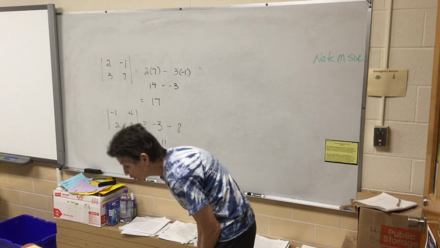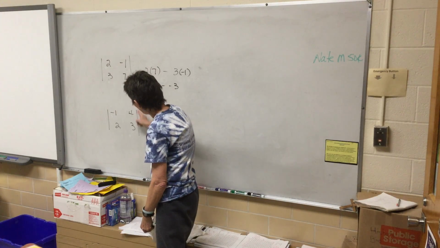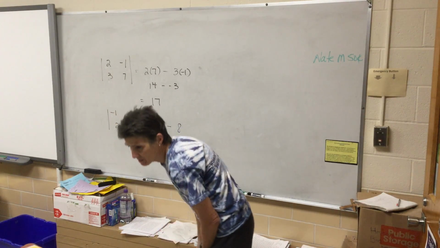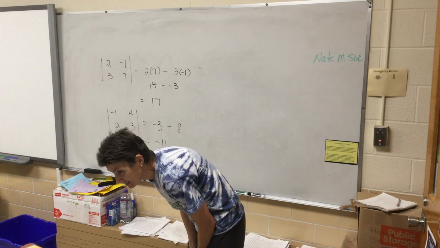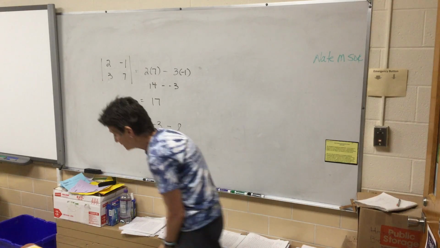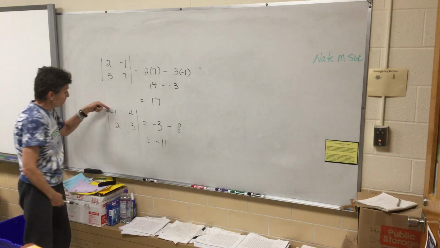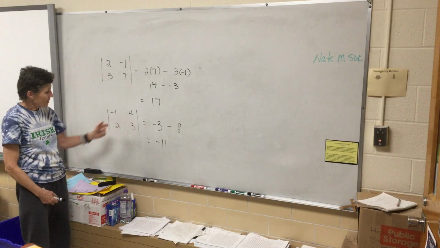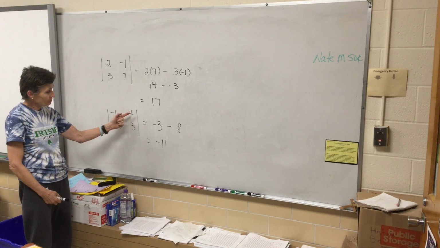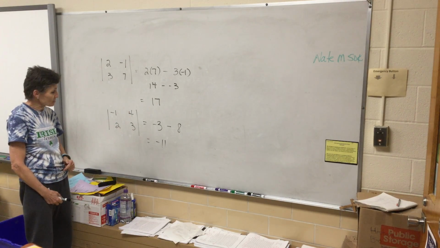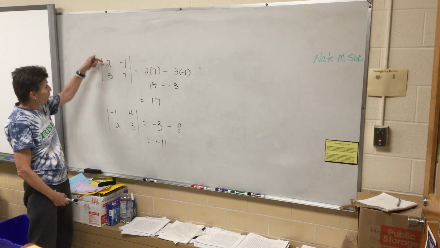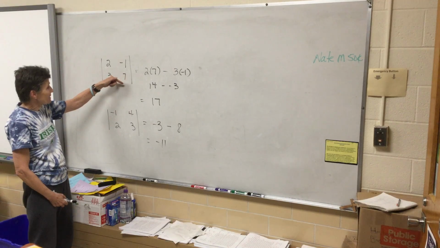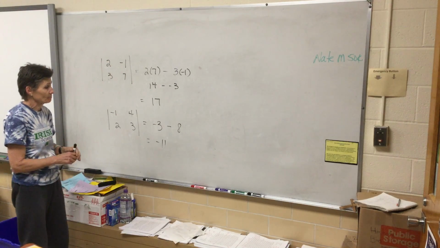In order to do a determinant, the matrix has to be square. So 2 by 2s, we talked about that process. Everybody clear on it? One more time. Multiply these two, and subtract those answers. So -3 minus 8, or 14 minus -3.